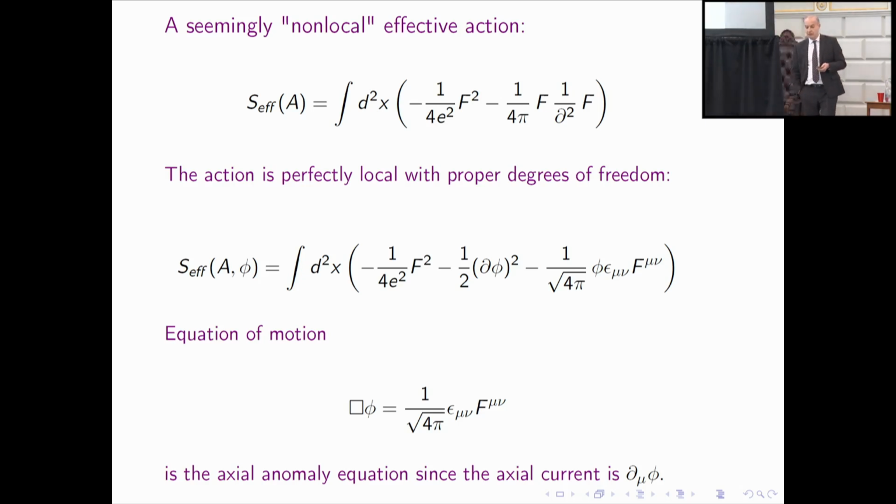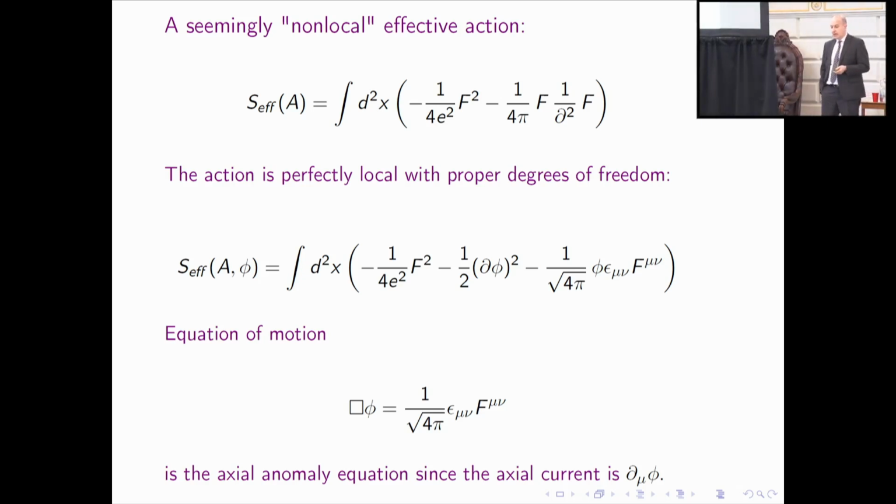Again, the Maxwell term, and then you have something else that looks non-local. The field strength F carries two indices, which I'm just not writing for simplicity. Those two indices are contracted with the other F, and there is one over the D'Alembertian in between. And that has its own reason as to why you got terms like this.